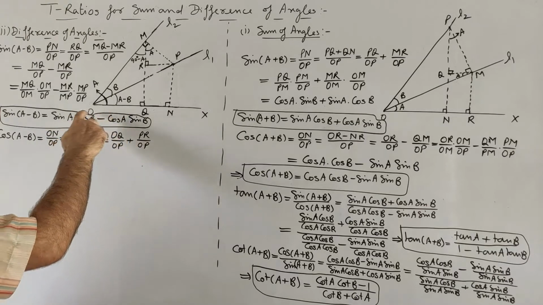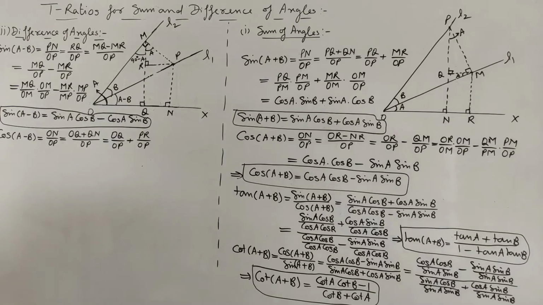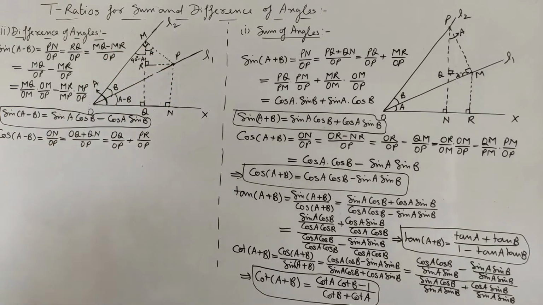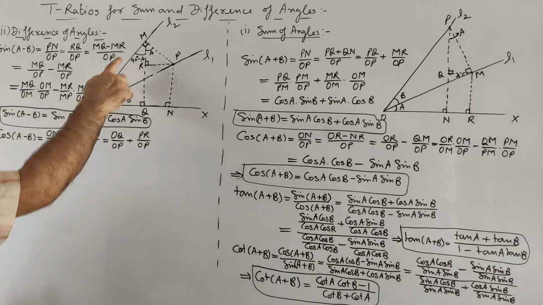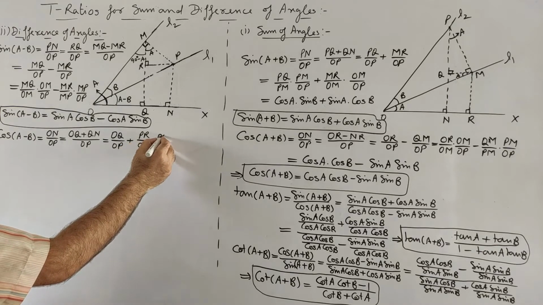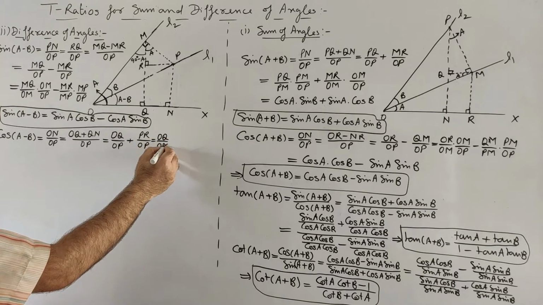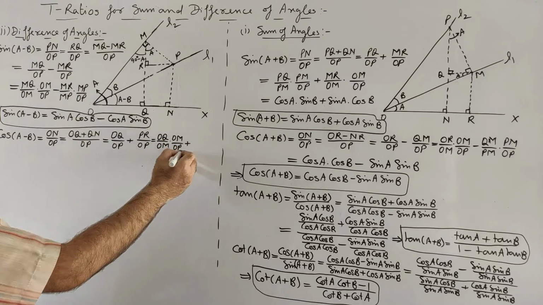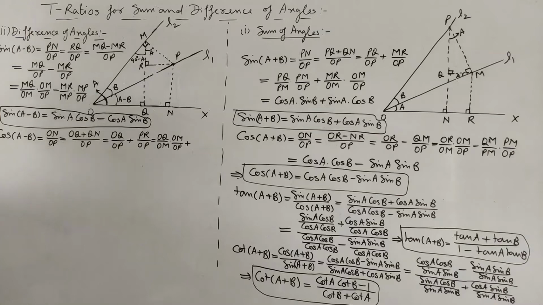OQ from triangle OMQ and OP from triangle OMP, and the side common to both these triangles is OM only. So it will be OQ by OM into OM by OP plus PR upon OP.